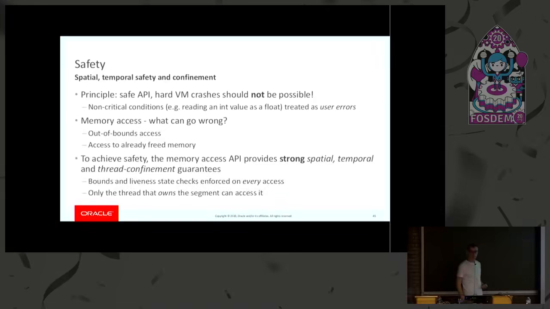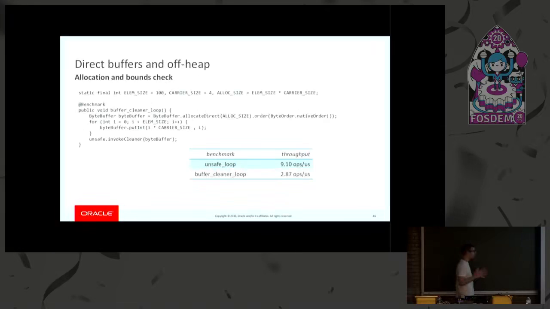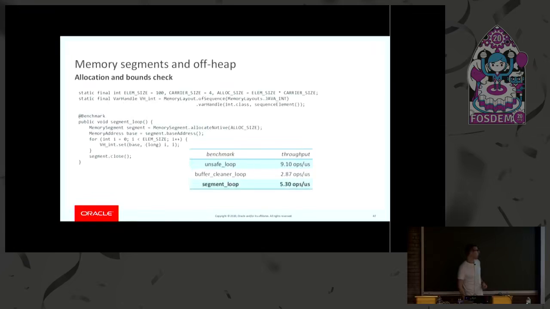So how does this translate in terms of performance? This was the best result we could squeeze out of the ByteBuffer API. We had to cheat a little bit by using unsafe. And these are the numbers that are coming today out of the memory segment API. They are still not as good as the unsafe numbers, but they are a little bit better than the ByteBuffer ones.